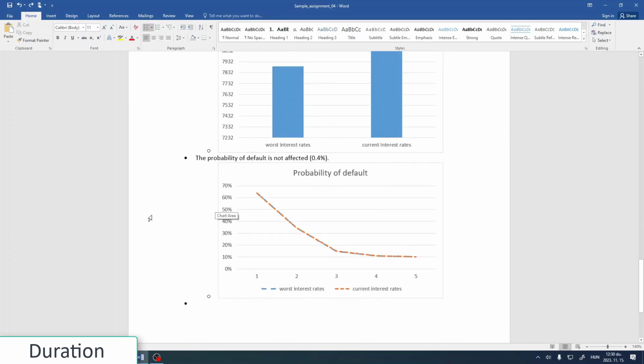Practically, the company is not affected, even by double. No, 1B. Yeah, doubled. Oh, come on.